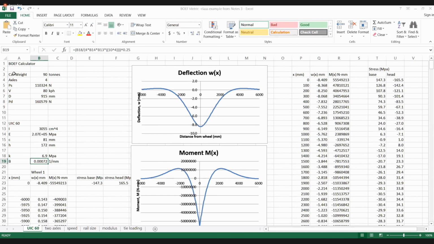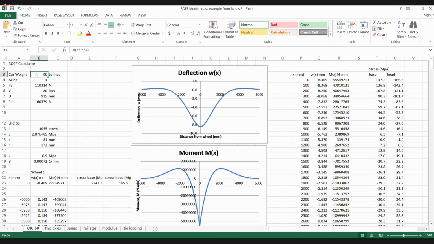Let's start off with the problem. I have a 90-ton wagon, standard freight wagon, standard UIC wagon, 22.5 metric ton axle loads, 11.25 metric ton wheel loads.